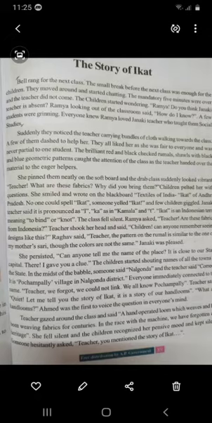The class fell silent. Ramya asked, Teacher, are these fabrics from Indonesia? Teacher shook her head and said, Children, can anyone remember seeing designs like this? Raghav said, Teacher, the pattern on rumal is similar to the one on my mother's sari, though the colors are not the same. Janaki was pleased.